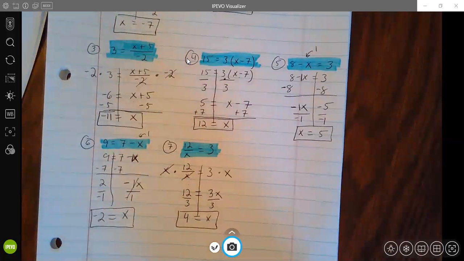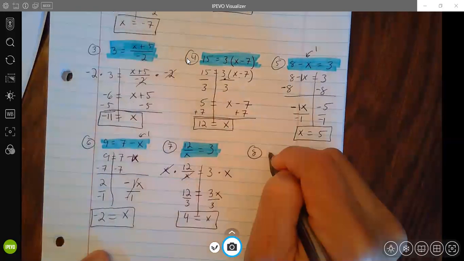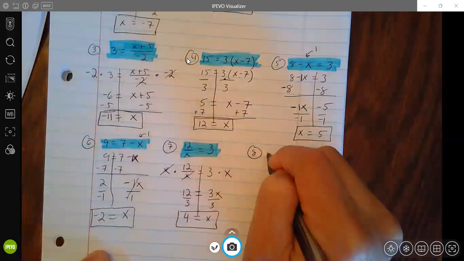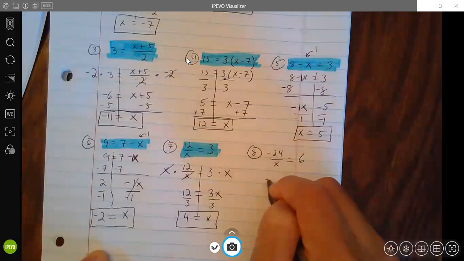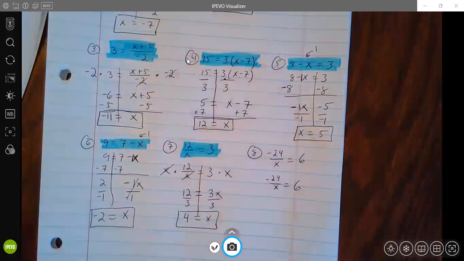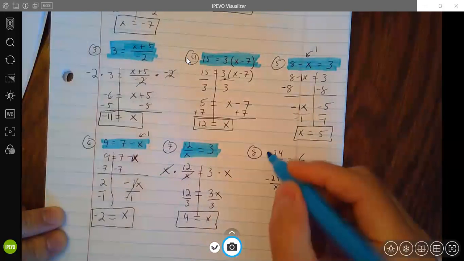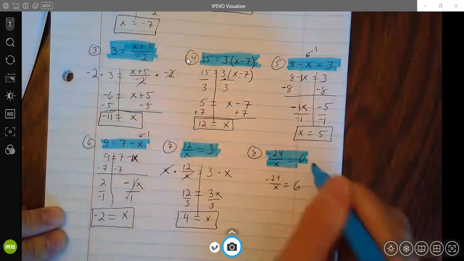Okay, let's do one last one like that. Let's throw a negative in there. Negative 24 over x equals 6. So on this one, be careful, there's a negative in there.